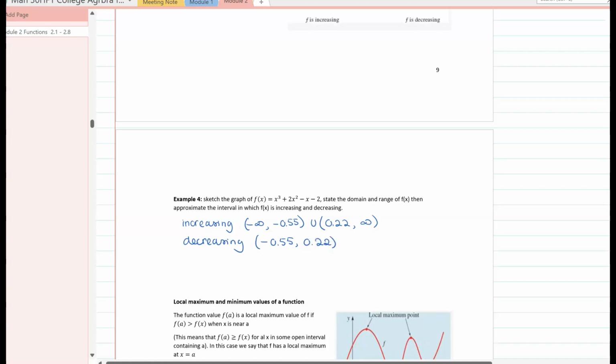Now, because f of x is a polynomial, the domain is negative infinity to infinity, and same with the range.